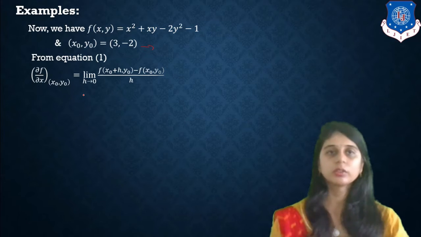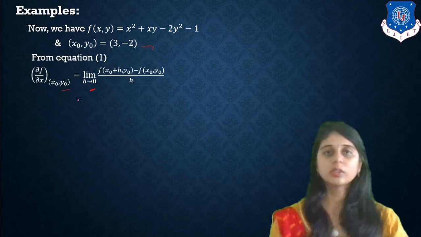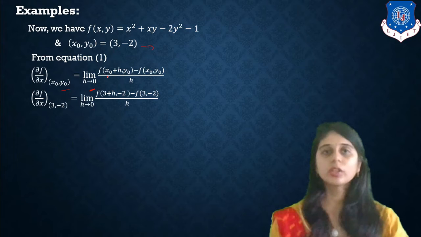From equation 1, del f by del x at x0, y0 is the limit as h tends to 0 of f of x0 plus h, y0 minus f of x0, y0, upon h. Here x0 is 3, h stays as it is, and y0 equals minus 2, so we get f of 3 plus h, minus 2, minus f of 3, minus 2, upon h.